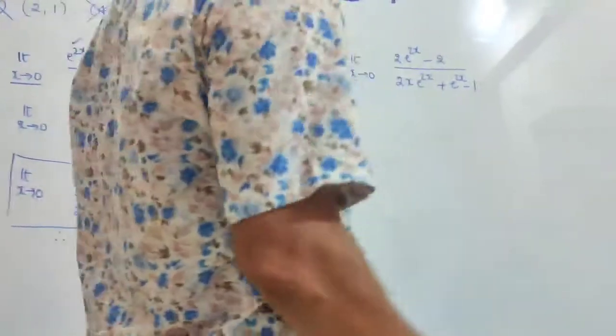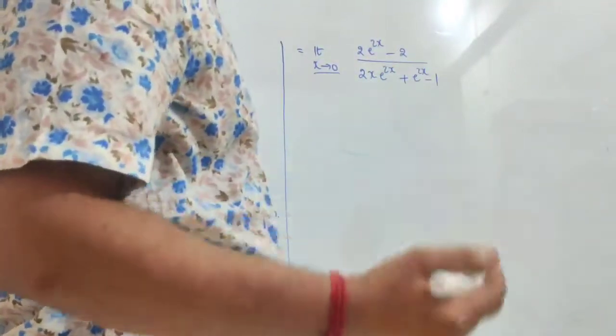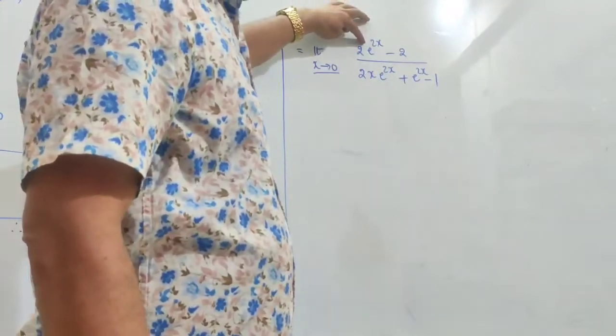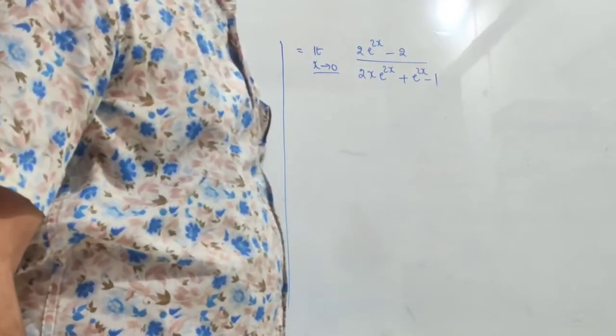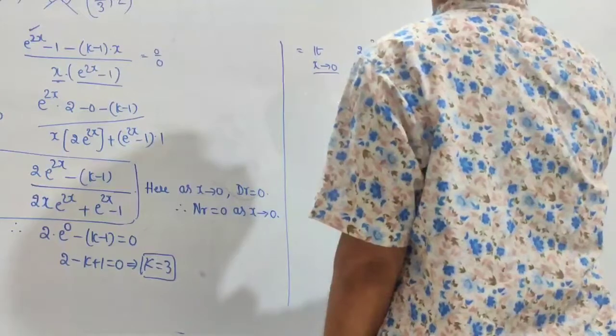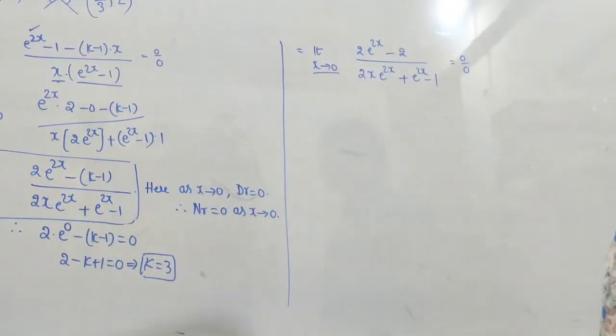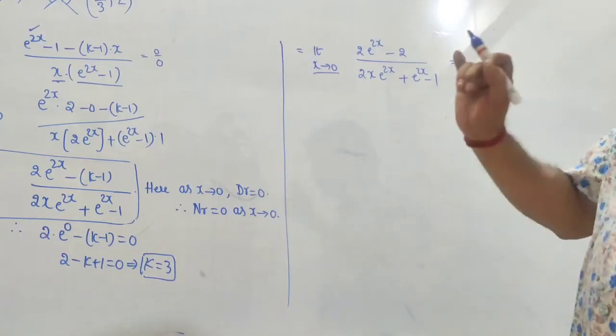Next, put x equal to 0 here. So it is 0 by 0. Again we are applying L'Hospital rule. On putting x equal to 0 directly, it is again taking the indeterminate form 0 by 0. That's why we are applying L'Hospital rule.